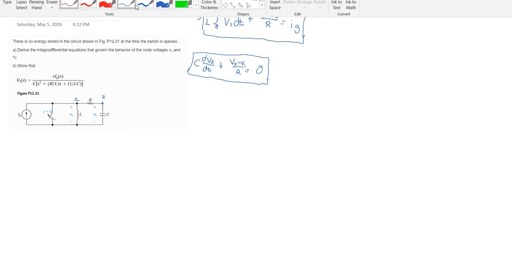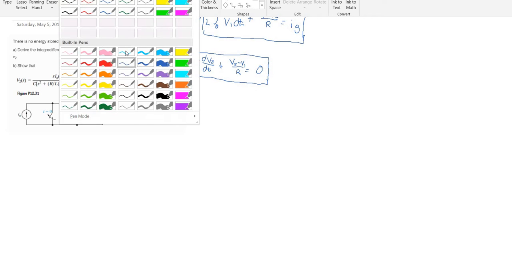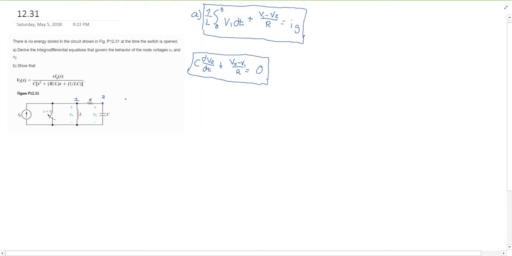Alright, so now we're going to do part B. Let me use this color just so that we can tell the difference. Is it legible? Yes, it is legible. For part B, we're going to essentially transform everything to the S domain.